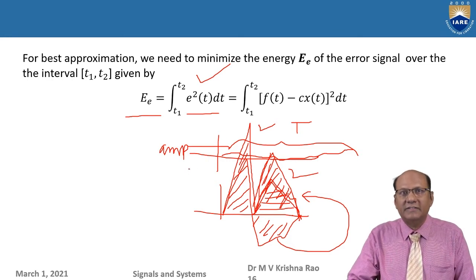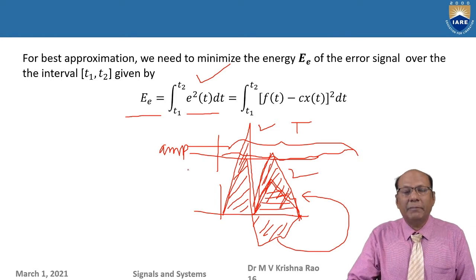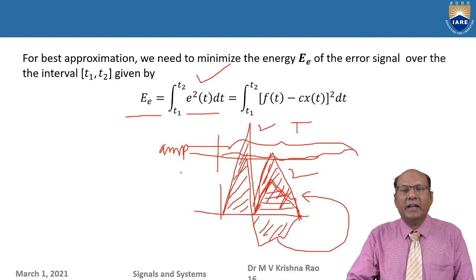If the error is less, automatically my approximation is accurate. That is, it is closer to the original function or original signal. So I should always aim at the approximation which makes the error's energy, don't say error signal, you should say error signal's energy, at the minimum. That is called the best approximation.